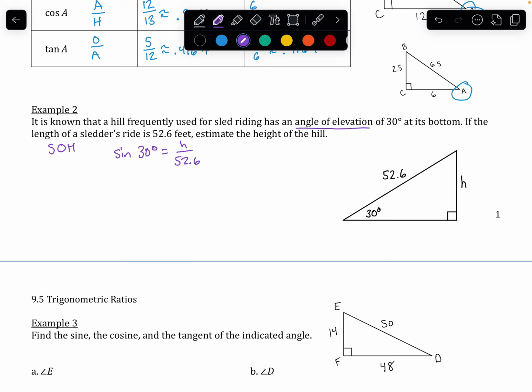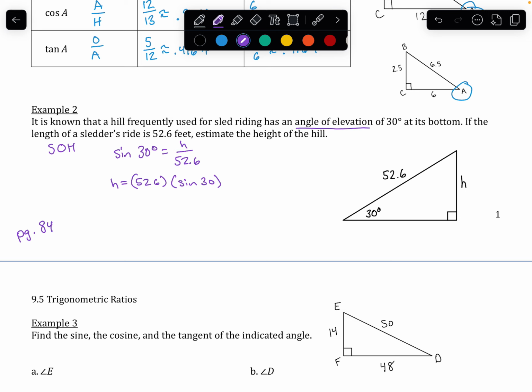How do I get the h by itself? I'm going to multiply by 52.6. So h equals 52.6 times the sine of 30. Now, you can look up sine of 30 or any other trig ratios on page 845.